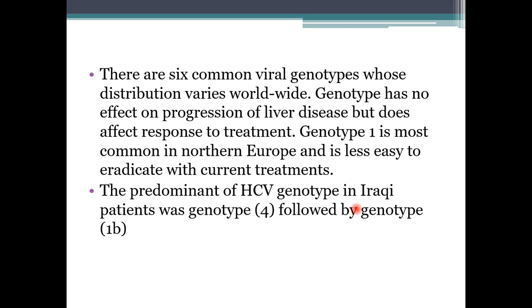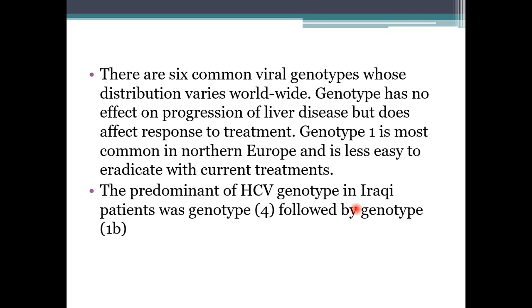There are 6 common viral genotypes whose distribution varies worldwide. We have genotype 1 to 6, and genotype 1 is divided into A and B. Genotype has no effect on progression of liver disease but does affect response to treatment.